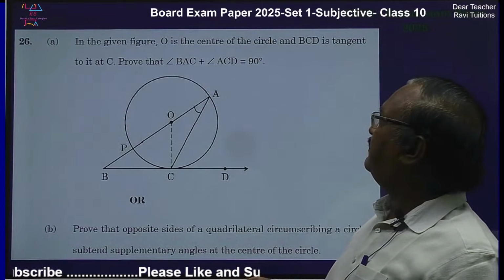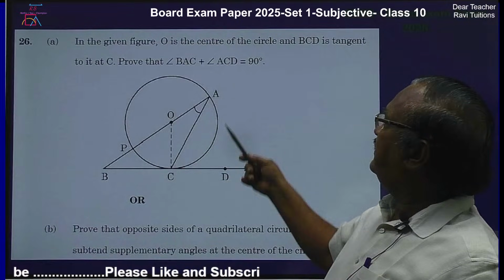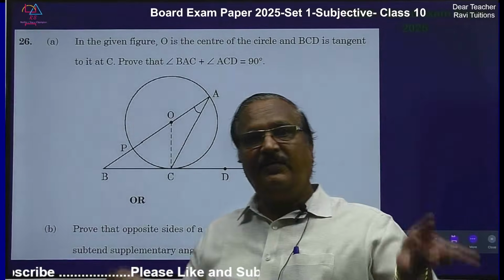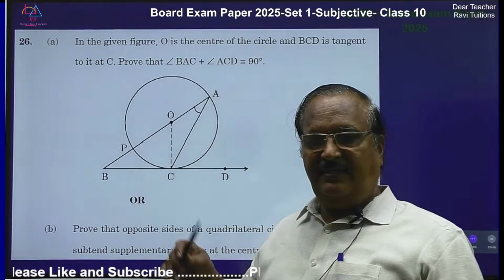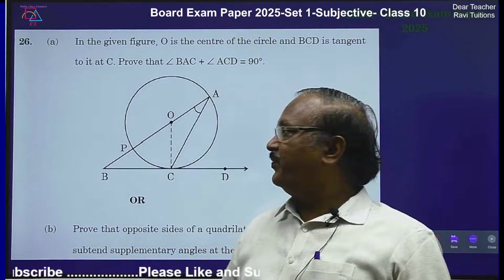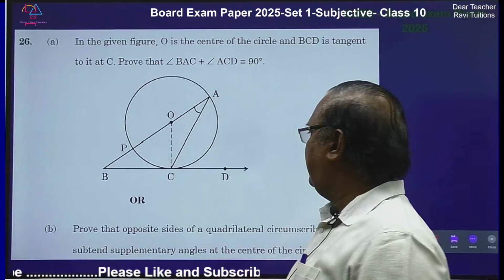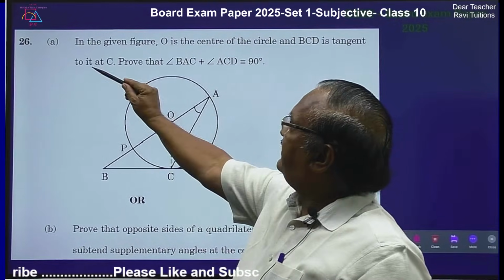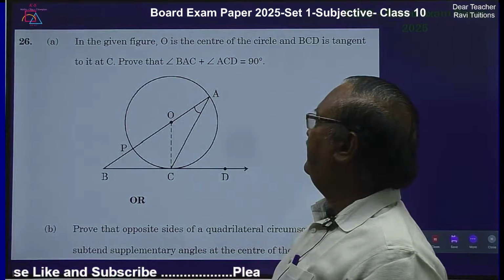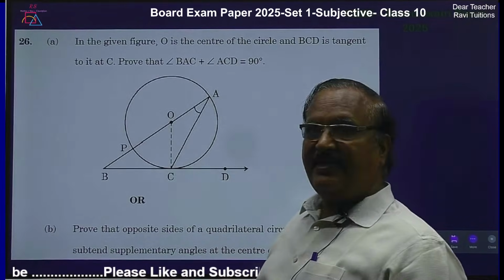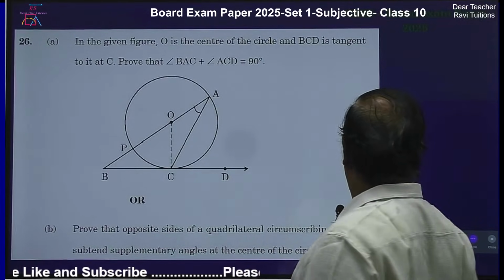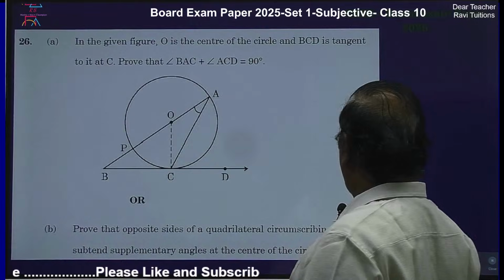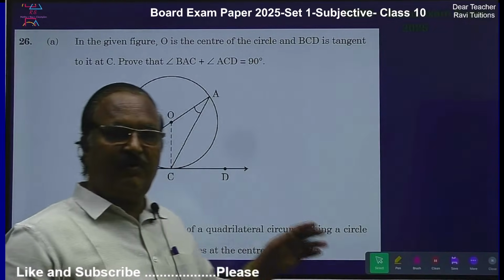Again, it came from the circles. So circles already we have got previously 1, and this is one more, right? So in this also internal choice is given, 26A and 26B. So both are from the circles only, quadrilateral circumscribing a circle. So both are from the circles.